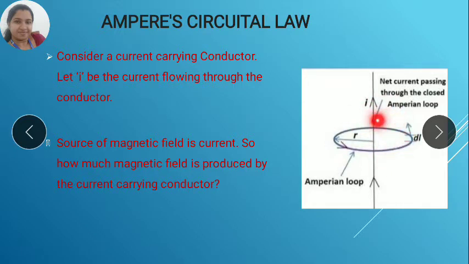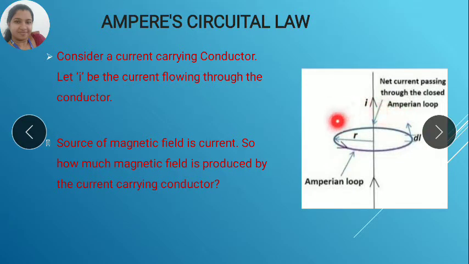Here, if we take a closed loop in a circular shape, that magnetic field is restricted by that closed loop, meaning the magnetic field is within that loop. Here R is the radius of this loop and B is the direction of the magnetic field, represented by this arrow mark.